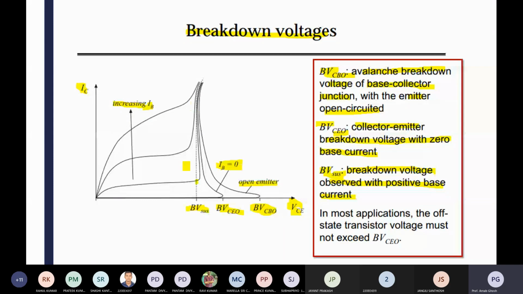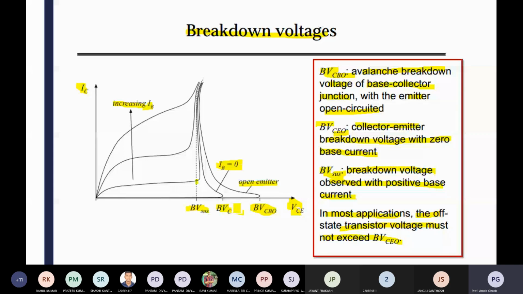So in most applications, the off state transistor voltage must not exceed capital BVCEO. That value should not be exceeded, as that may cause failure of the devices. All the standard values are provided by the manufacturer and noted in your data sheet.